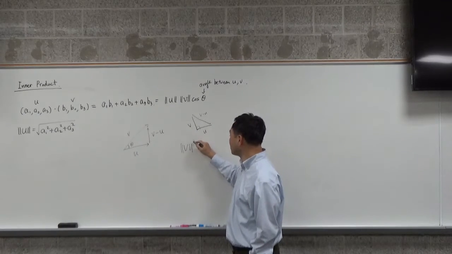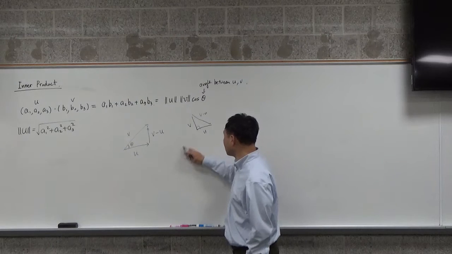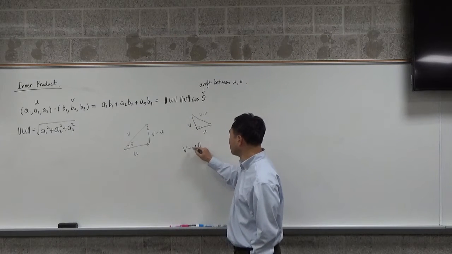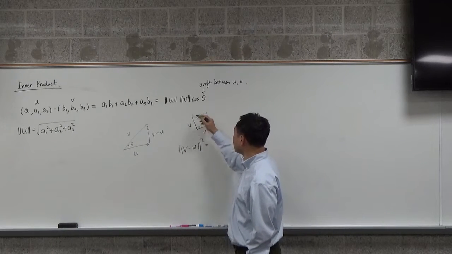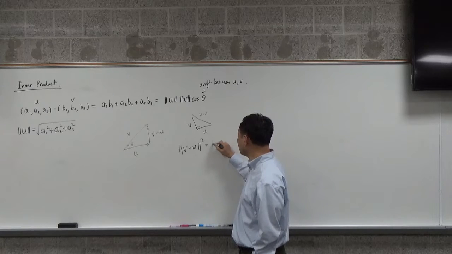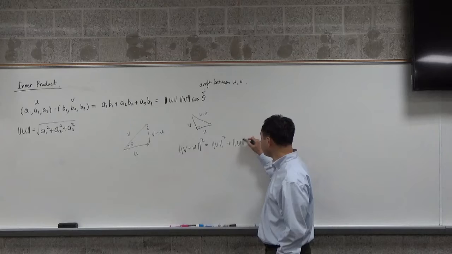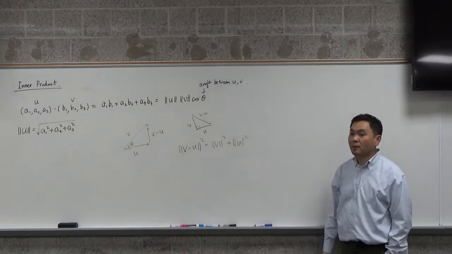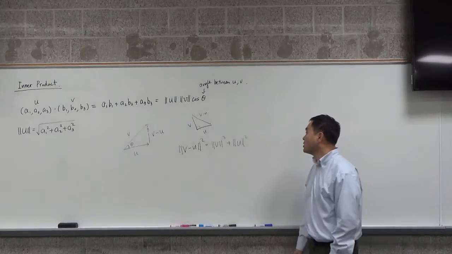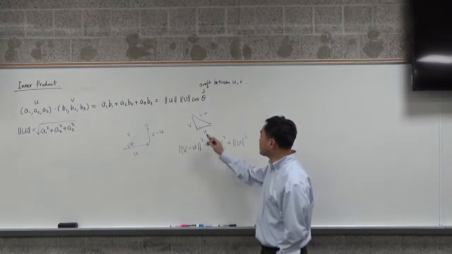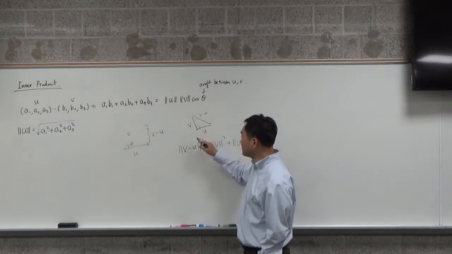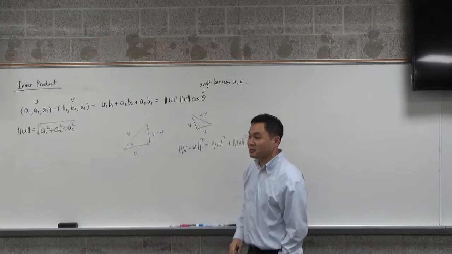The norm of v minus u squared, the length of this squared, is the norm of v squared plus the norm of u squared. But what do you do if this angle is not 90 degrees, if it's in general like that?